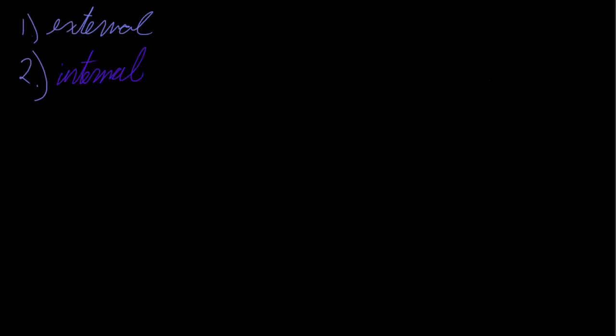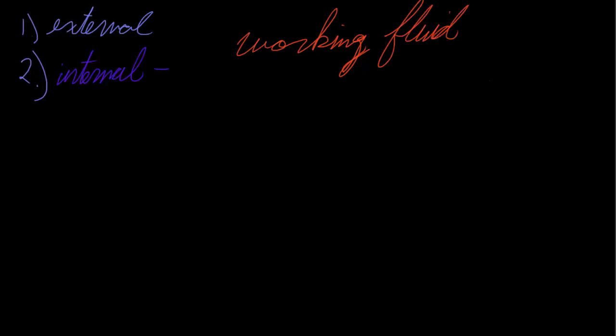Now, when we use the internal mass method, we usually use fluid, and this fluid has a special name. It's called the working fluid. The working fluid is just a gas or a liquid.